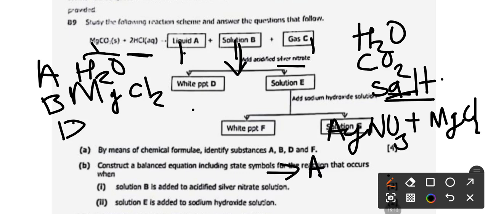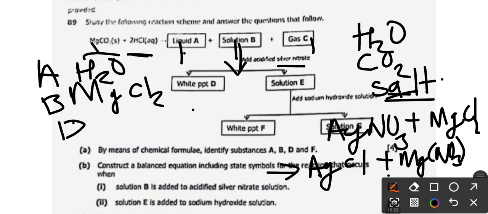This white precipitate is of silver chloride. So D is silver chloride.